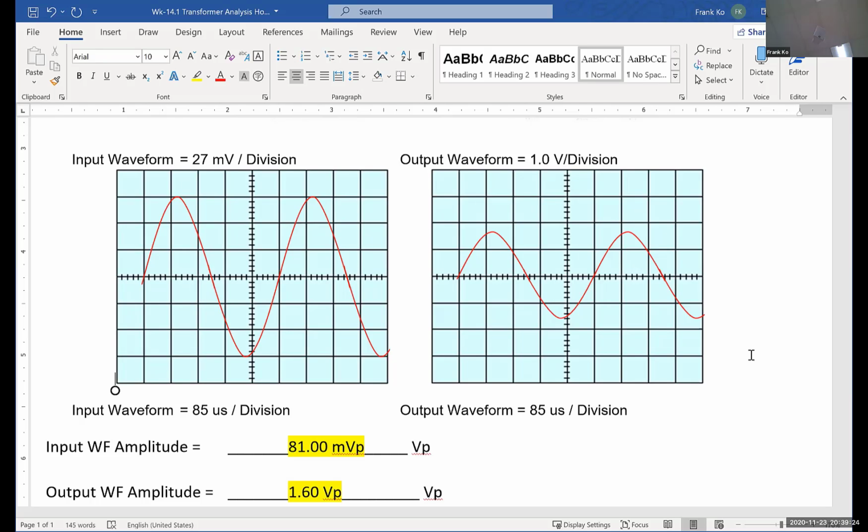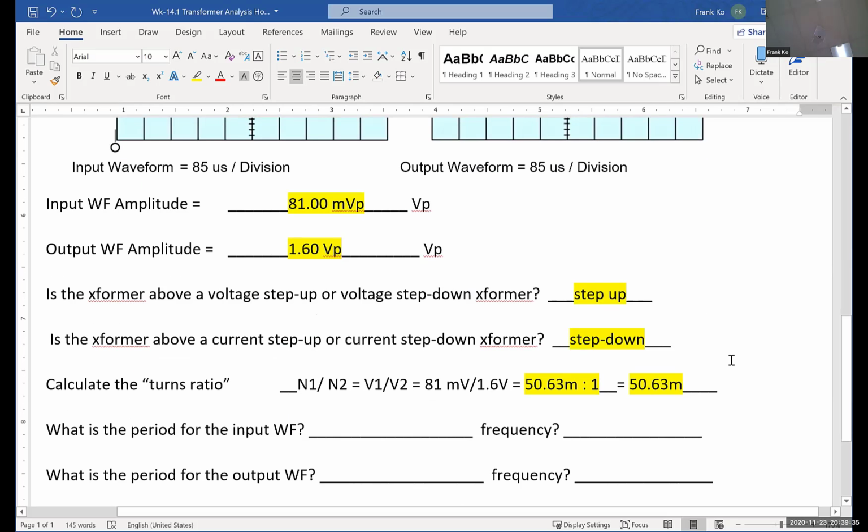Oh, okay, 5 times 85 microseconds. And so what is the period that you calculate, my friend? 425 microhertz. Microseconds. Yes.